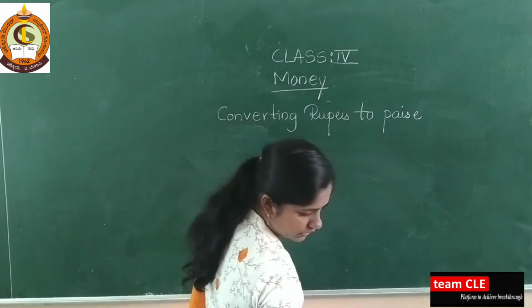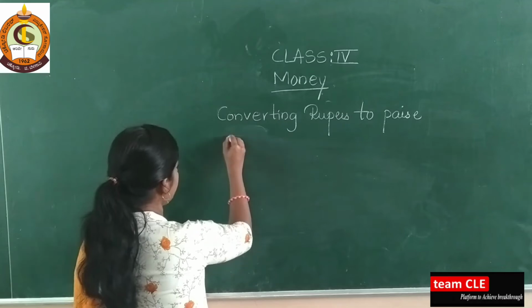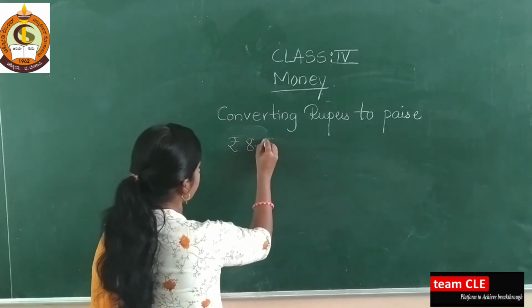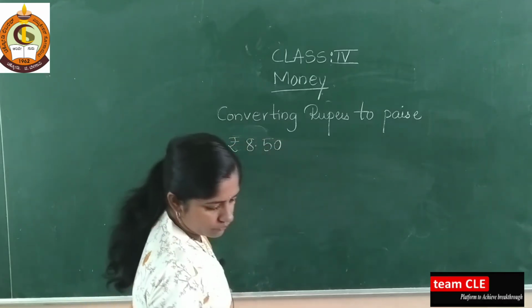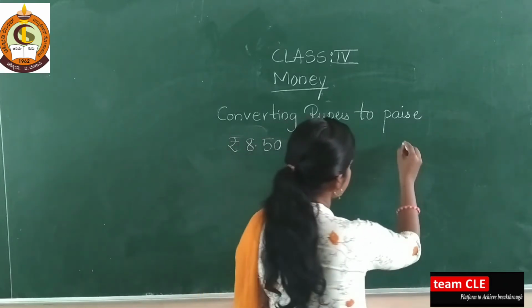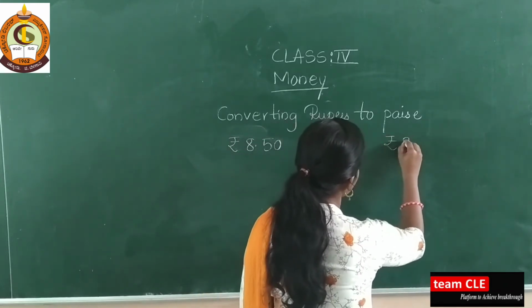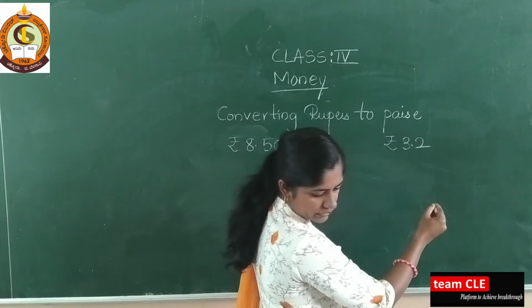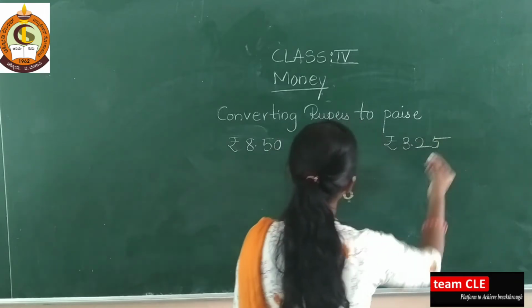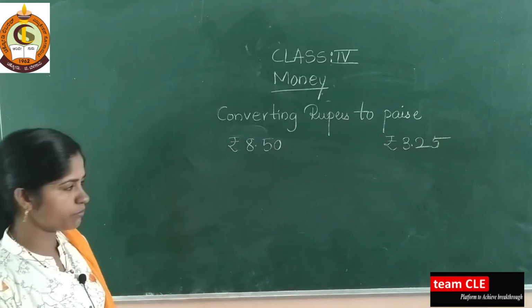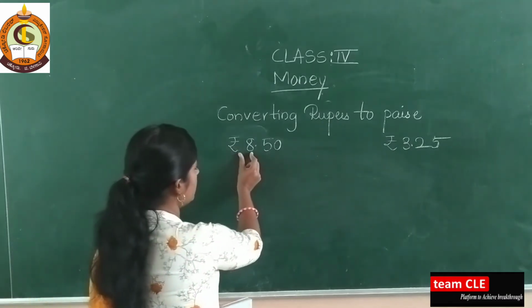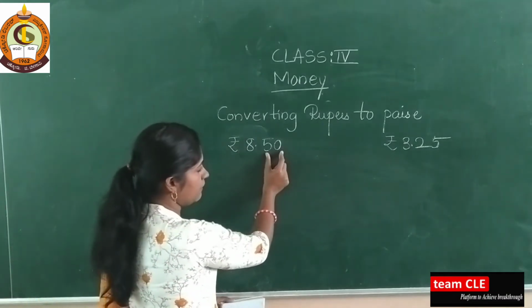I will take A1, 8 rupees 50 paise, and one more is 3 rupees 25 paise. Here also same procedure. This represents the rupees, this represents the paise.